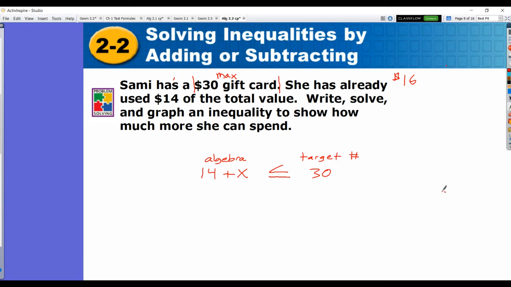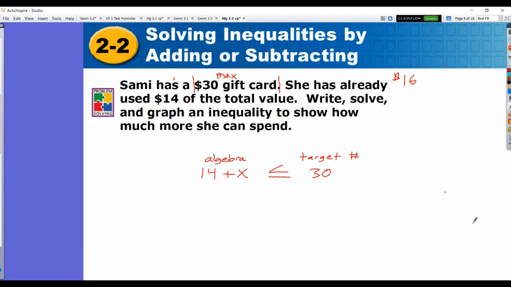We're going to use that one because what that says is 14 plus X needs to be less than or equal to 30. We're making sure this side will not go over 30.